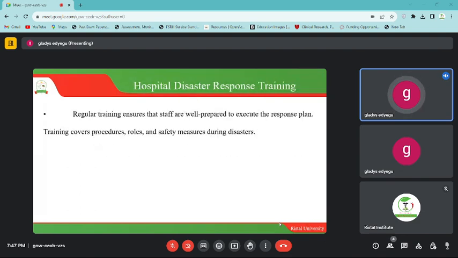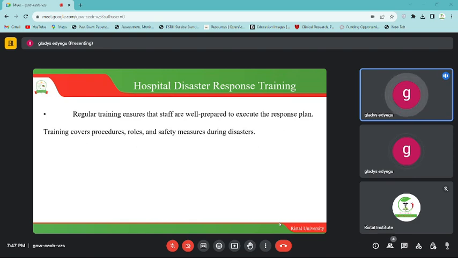And then we want to look at hospital disaster response training. The hospital disaster response training is very, very key and very important. And I think every hospital should take this as something very important, and it will help us reduce some of the disasters in our hospitals and also in our communities. So regular training ensures that staff are well prepared to execute the response plan.